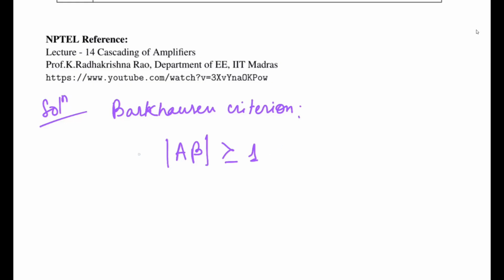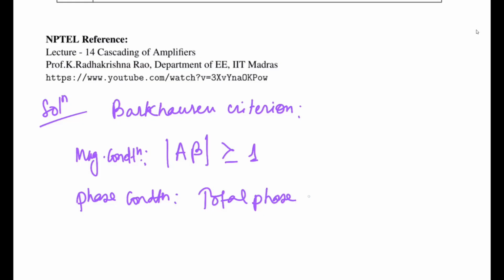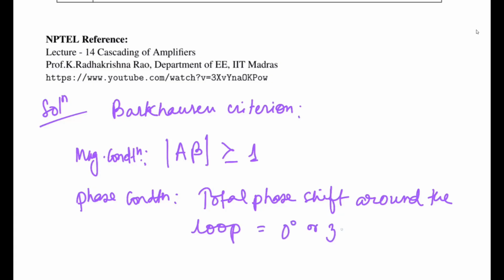And the phase condition is that the total phase shift around the loop must be 0 degree or 360 degree. These are the two conditions.